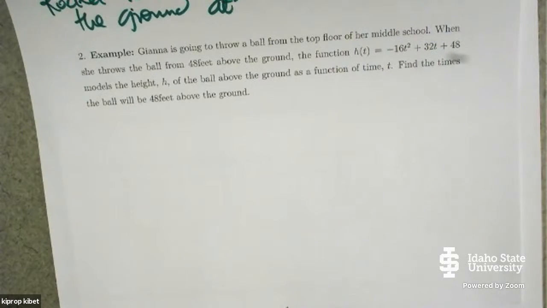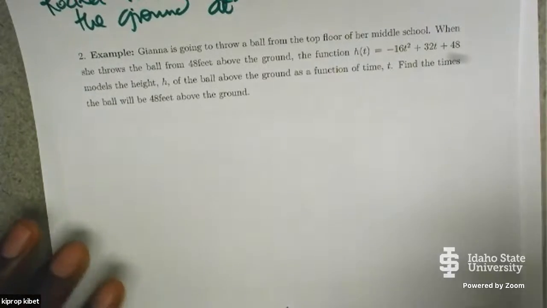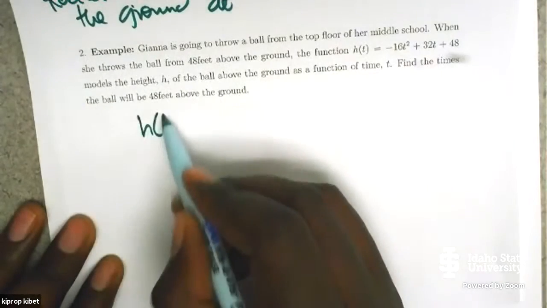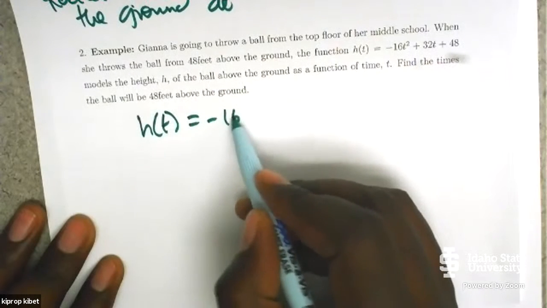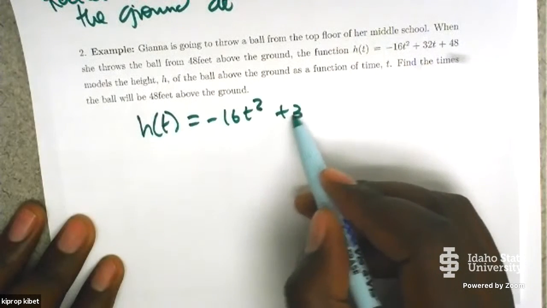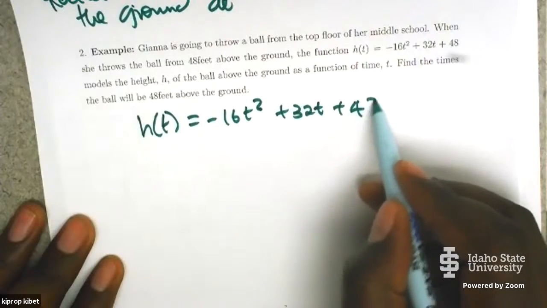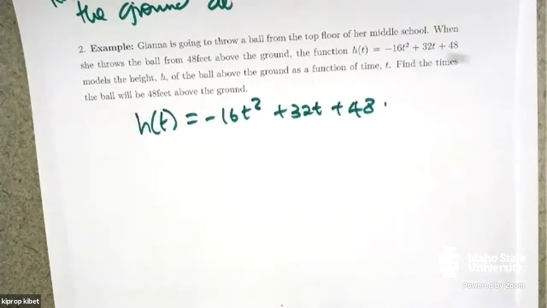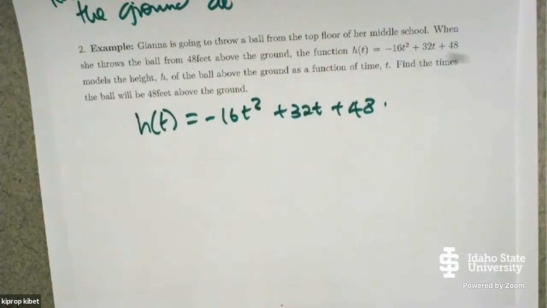Now, this guy threw the ball and h of t equals minus 16t squared plus 32t plus 48. Now, what happens when this ball is 48 feet above the ground? What is the time that it will take for this one?